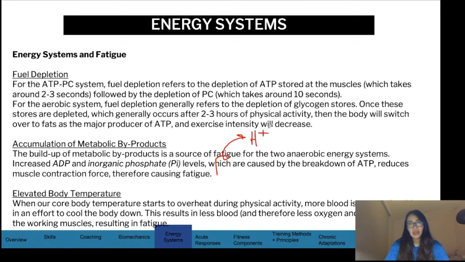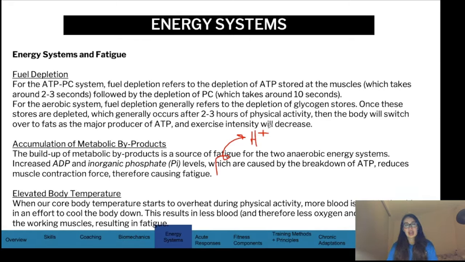Elevated body temperature is another source of fatigue. So when our body temperature starts to overheat during physical activity, what happens is that, okay, at rest, let me explain some stuff. Your body is pumping blood around your body. So blood's going to your stomach to digest food, blood's going to your lungs, your liver, your spleen, whatever. It's going to all these different organs.